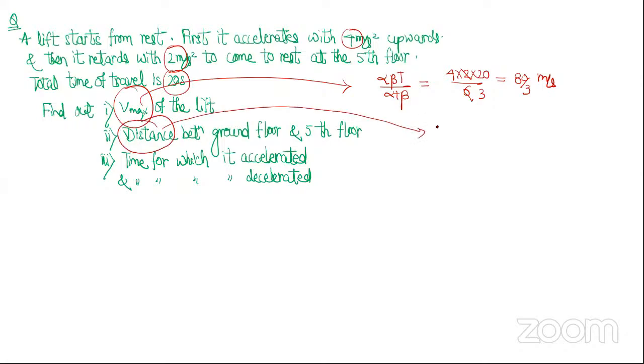Next, distance traveled. What is the formula for distance traveled? Half into base into height. That is half into base, which is 20, into height, which is 80 by 3. So this comes out to be 800 by 3 meters. How many of you have got this? Raise your hands. Okay, Kishwari, Soumya Tapaswini, Vijay Lakshmi, Abhijit, Ipsita, Kamlesh, Minmay, Parthasarathi, Sujit, Leelavati, Swayam Siddha.